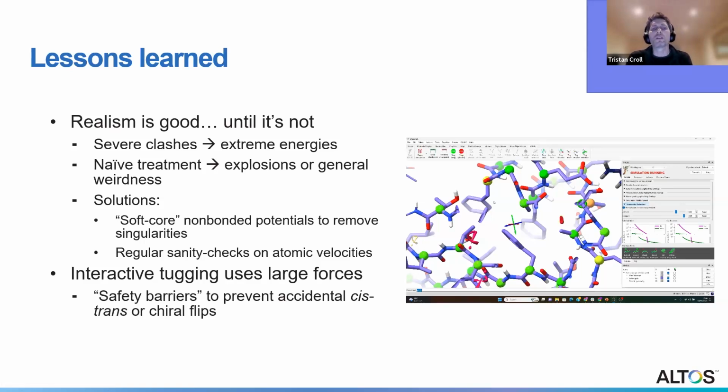And when you're talking about interactive tugging, you tug with the mouse, you don't think you're doing very much, but the force you're actually applying is way beyond anything that's natural, and can very easily flip chirality or peptide bonding to cis or trans, unless you add some safety barrier potentials on those dihedrals, which ISOLDE, of course, has.